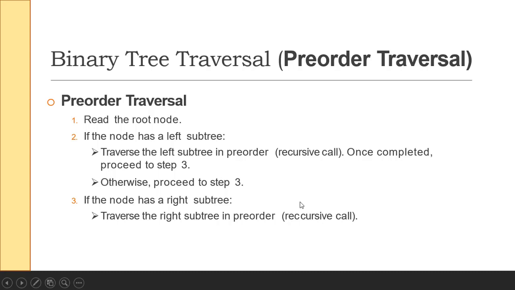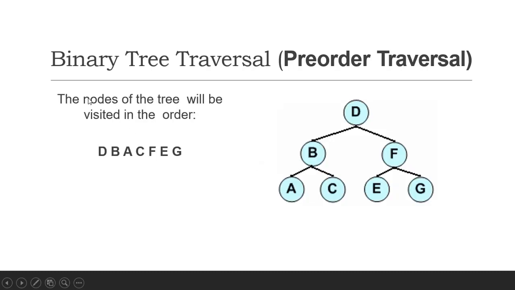An example of this is we have this binary tree again. If you want to read this using preorder, you have to read all the roots first, because it is a preorder.